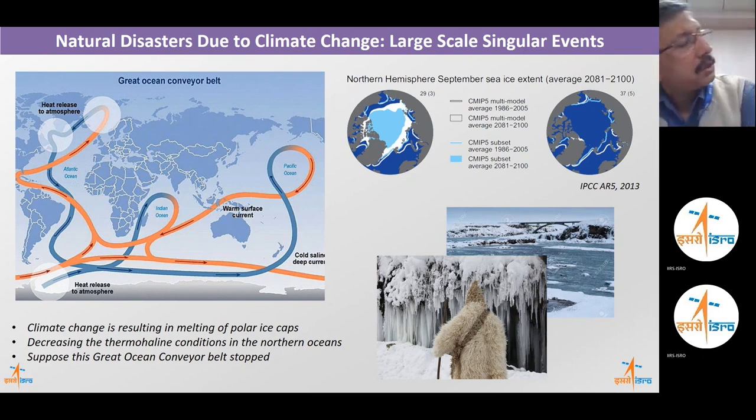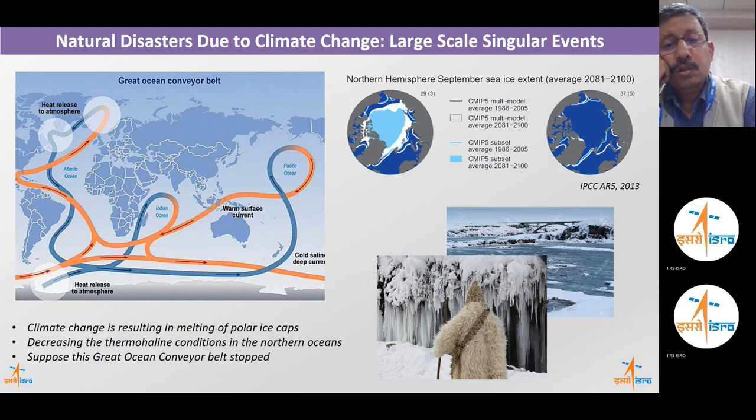So this climate change is actually resulting in melting of the polar ice caps. And IPCC Assessment Report 5 has identified with a high level of confidence that the Northern Hemisphere sea ice extent may disappear by 2100.